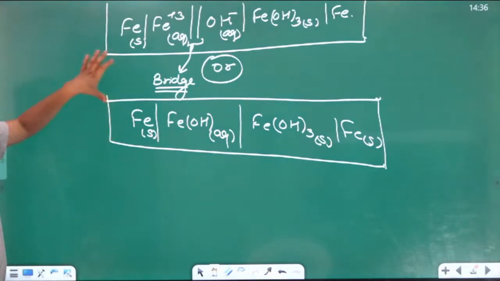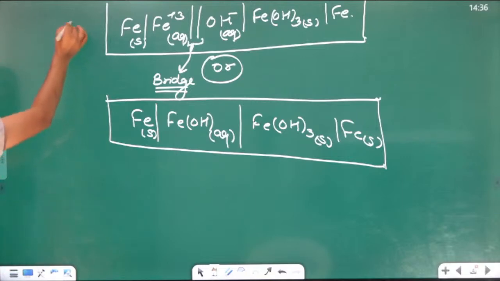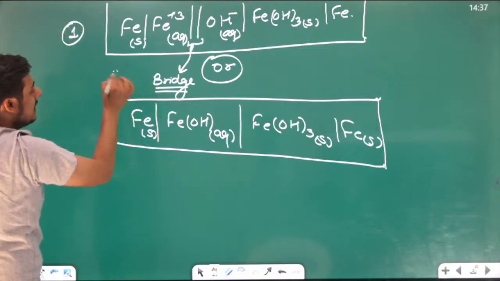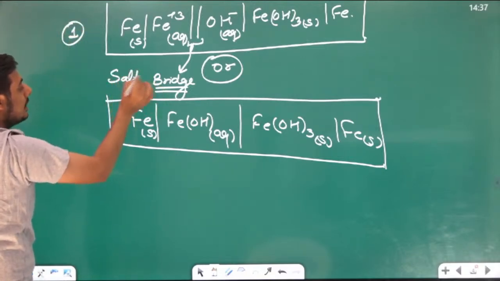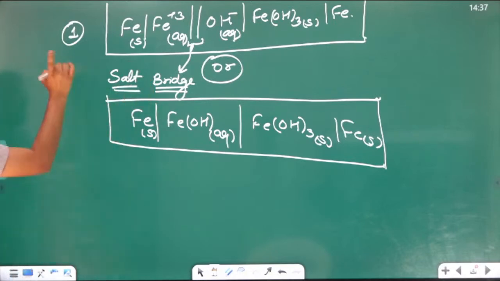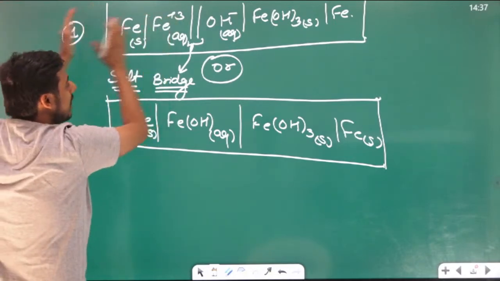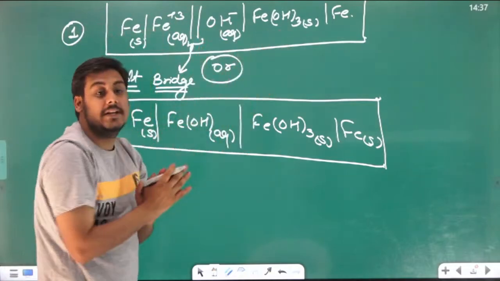What is the key difference between these two representations? These two representations are very much similar. The difference to note is that in the first representation, the examiner has represented a salt bridge. That essentially means these two electrodes are set up in different beakers.